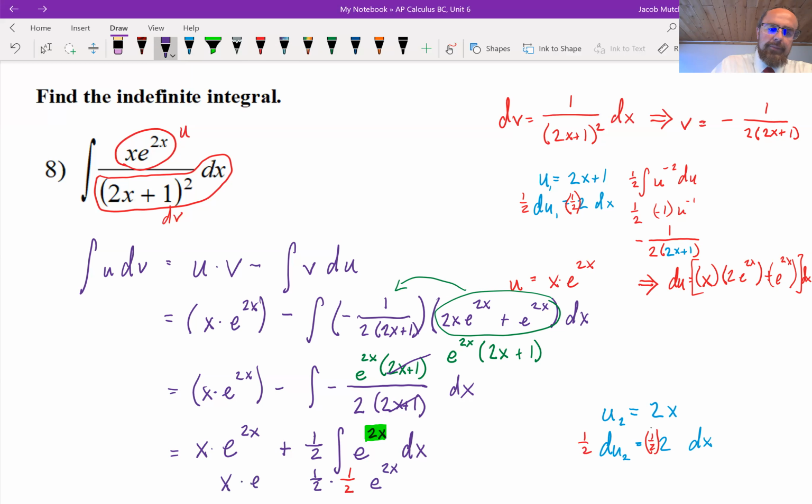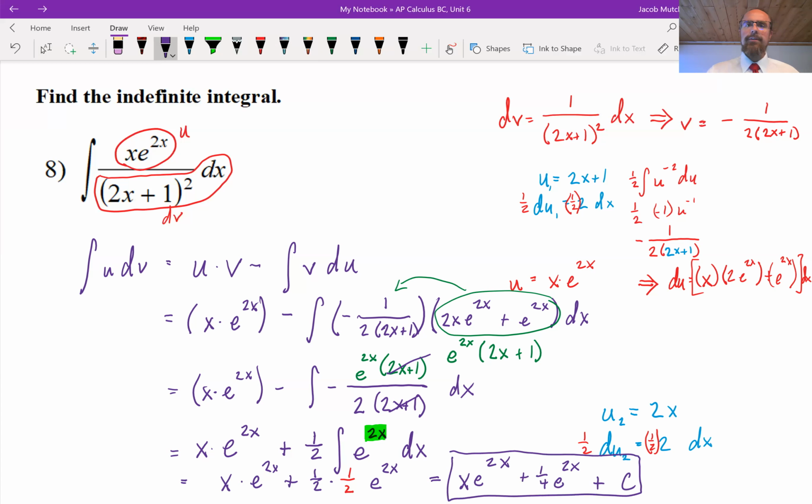Bring back my first term, x e to the power of 2x, and plus in between them, and that really simplifies down to x e to the power of 2x plus 1 over 4 e to the power of 2x plus c.